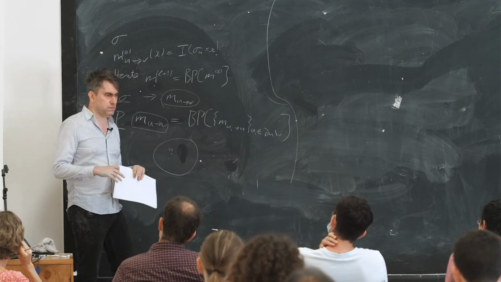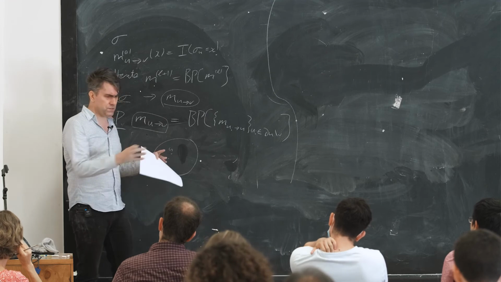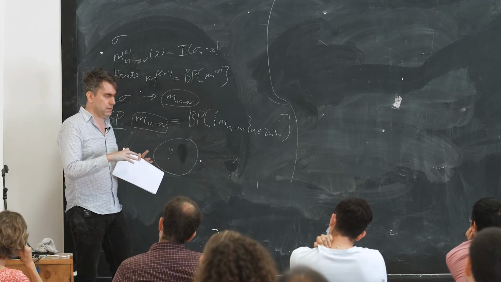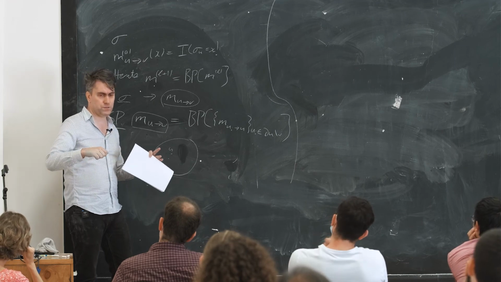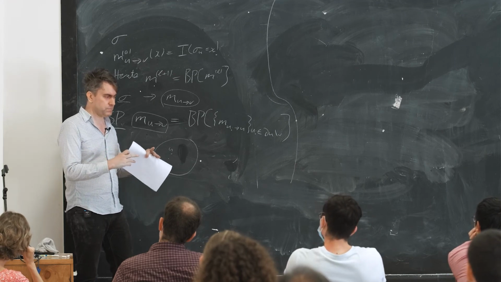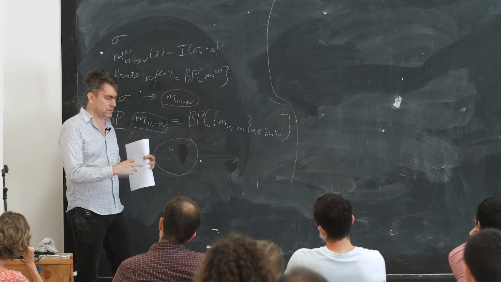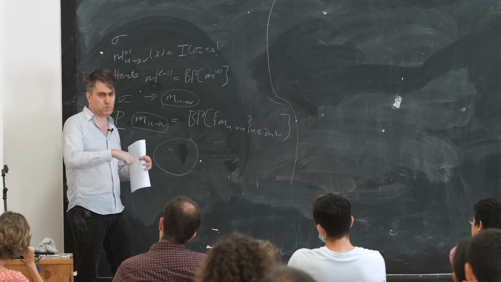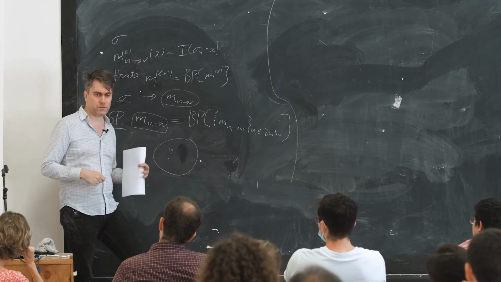So it defines a set of colorings that is at least not neighboring any other colorings in the graph.